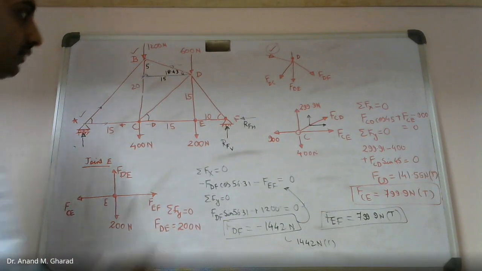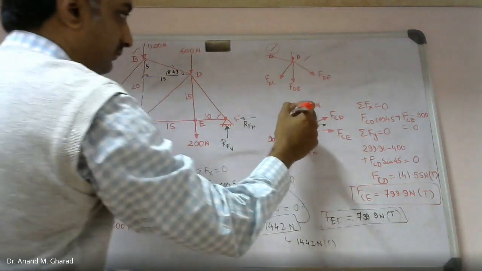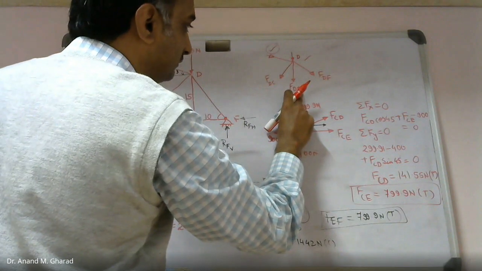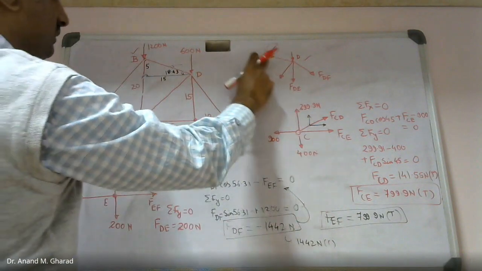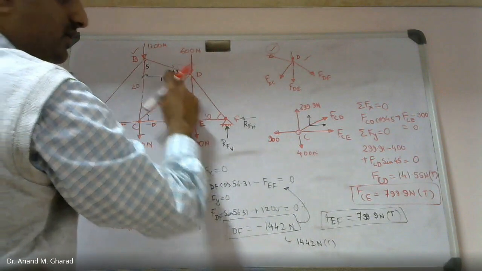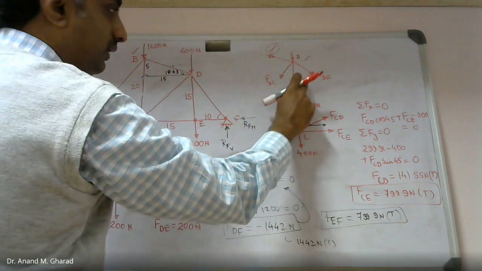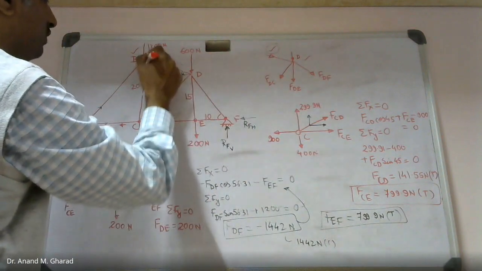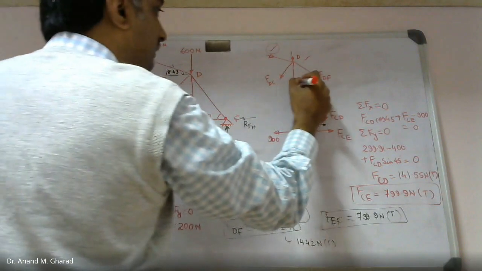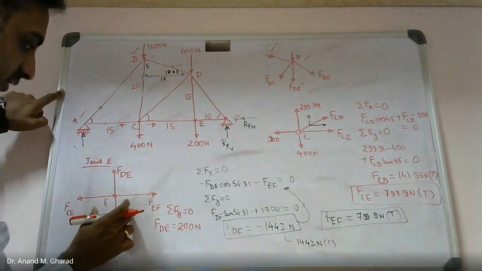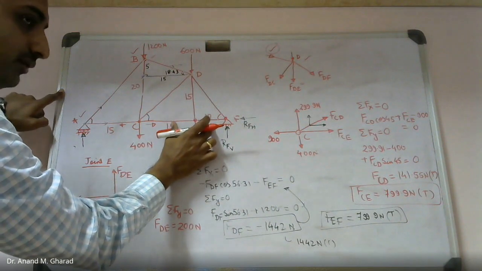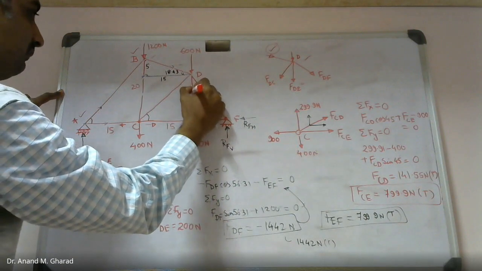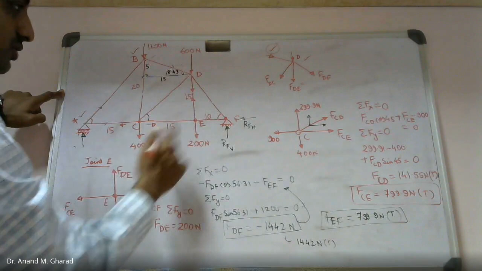And now see, in joint D, actually we were having two known values, this and this. Even if we had considered joint D after solving joint B, then also we had this condition, and based on this condition it was very clear that the force in member DE was 200 Newton.